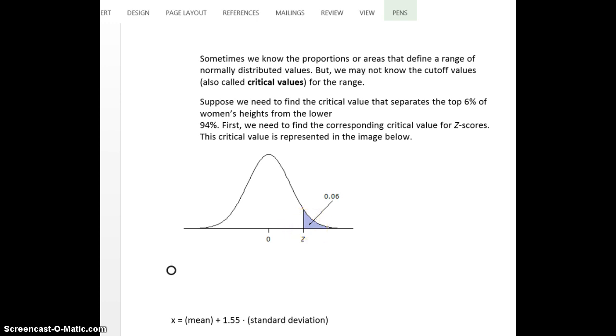Well, the TI doesn't know about area to the right of the z-value. It knows about area to the left of the z-value. So if the area to the right is 0.06, the area to the left is 0.94. Remember, the total area is 1. 1 minus 0.06 is 0.94.